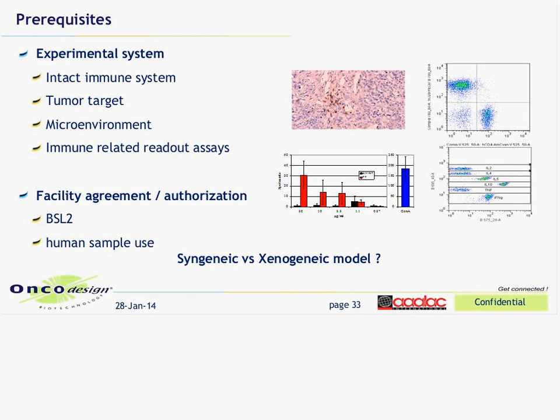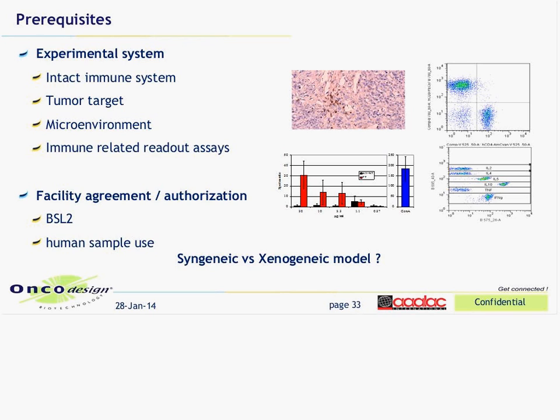For the preclinical evaluation, there is specificity regarding the experimental system, where we need an intact immune system, also a tumor target. So this is related to tumor microenvironment, and also we need clearly to establish assays for evaluation of the immune response, so the quality of the transfer system.